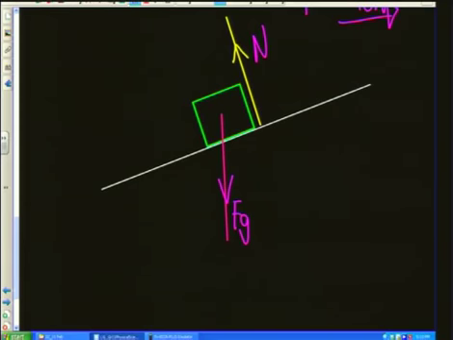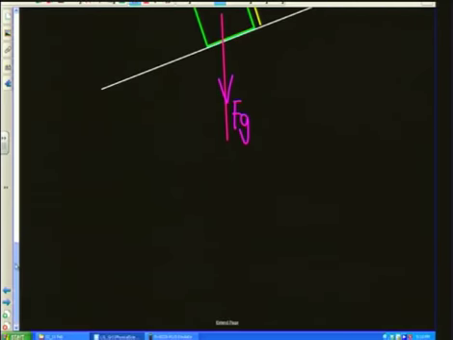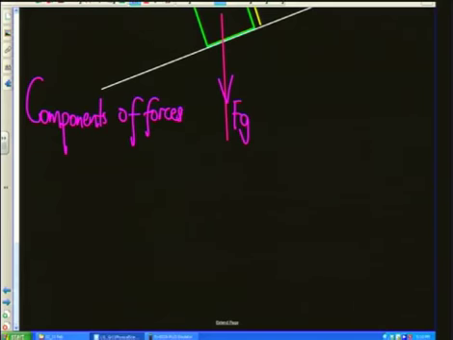What we do here is to get what we call the components of forces. So let me write here, the components of forces. And in this case, we will be looking at the components of our gravitational force.